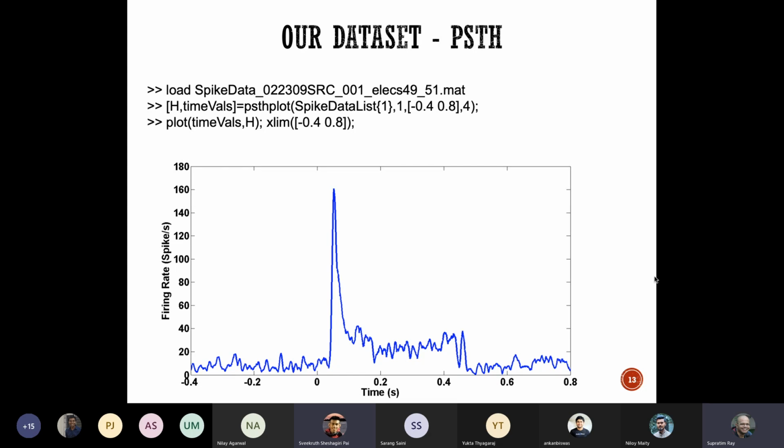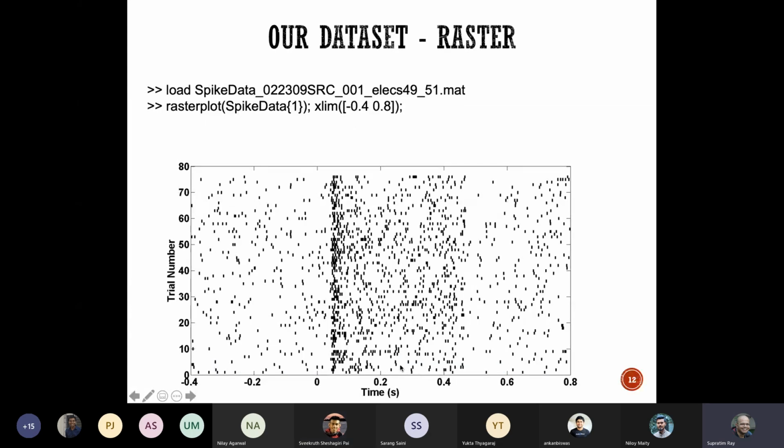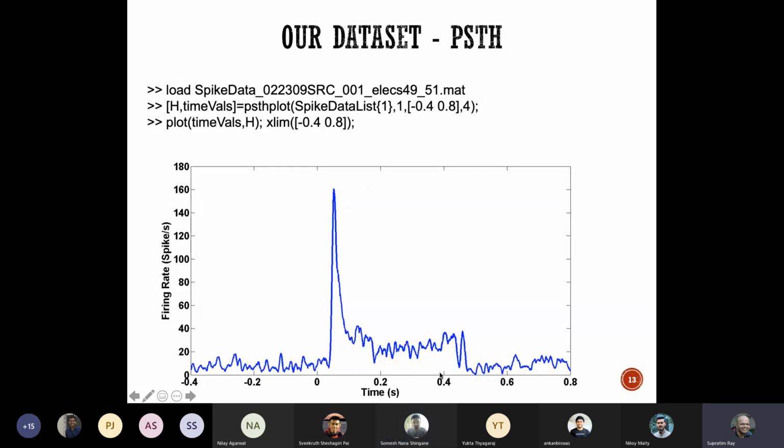Okay, so how do you say that visually? I don't get it. Even if all the spikes occurred at exactly the same time, you would see some spikes there. Is that what you're referring to?